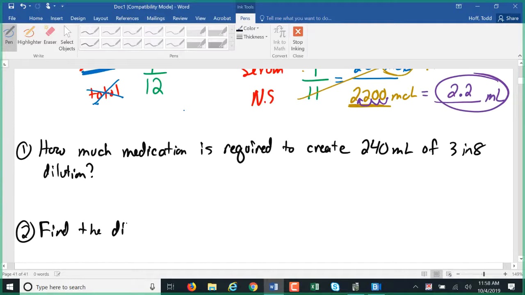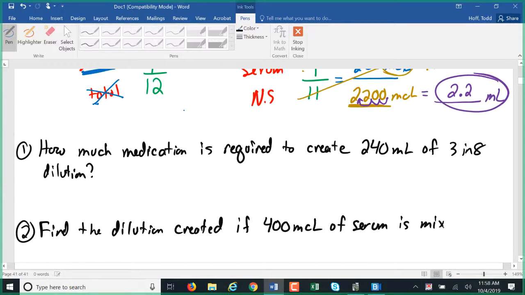Find the dilution created if 400 microliters of serum is mixed with 20 milliliters of saline. I'll give you guys a minute or so to work through those, and then we'll go over them.